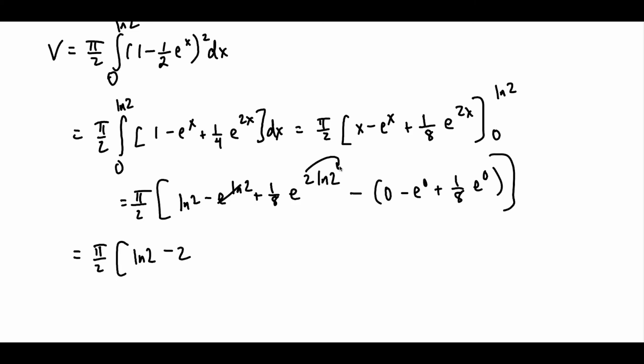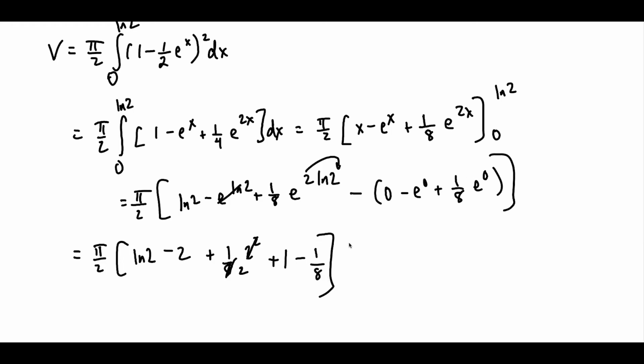This we could send back in to make 2 squared. So I have plus 1/8 times 2 squared, which 4 over 8 is going to reduce to a half. So I'm just going to have a half left here. And now I have minus 0, I'm not even going to bother with. But we have minus 1, which will change to a plus 1. And then I have minus 1/8 at the end, because minus 1/8 e to the 0 just becomes 1/8, and then minus 1/8 at the end.